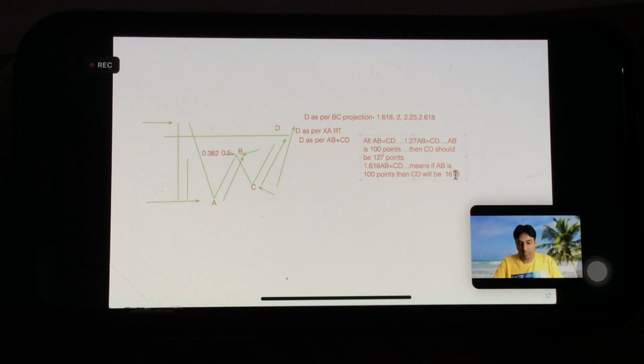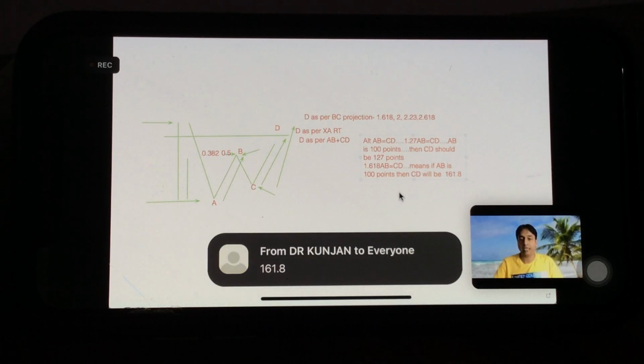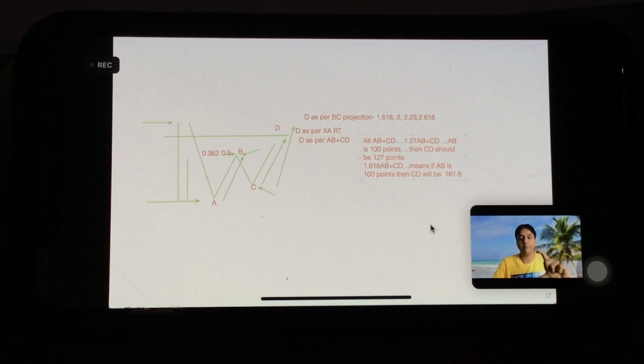It should be 161.8, 1.618. 61% more than the AB move. Got it? Any confusion in this? Alternate ABCD, there are only two alterations possible: 1.27 AB equal to CD and 1.618 AB equal to CD.